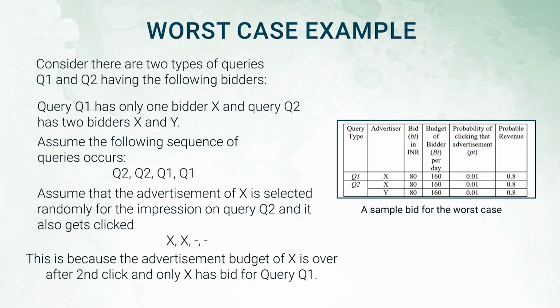Q2 query has been displayed from the advertiser X, and once it is clicked, 80 rupees will be cut from the budget. Another Q2 has appeared from the advertiser X, so another 80 rupees has been deducted. So 160 rupees is over. This is because the advertisement budget of X is over after the second click and only X has bid for the query Q1. Now no ad is displayed for query Q1 because no budget is left.